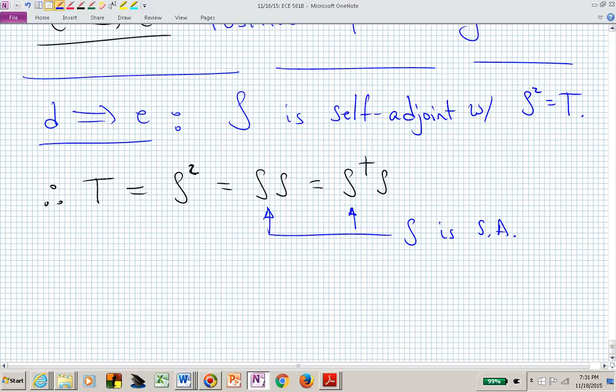If it's self-adjoint, we can just replace S with S adjoint, and now we've factored our linear operator T as S dagger, or the adjoint of S, times S. So now we have been able to conclude that D does imply E.